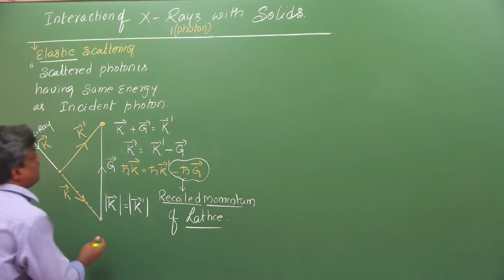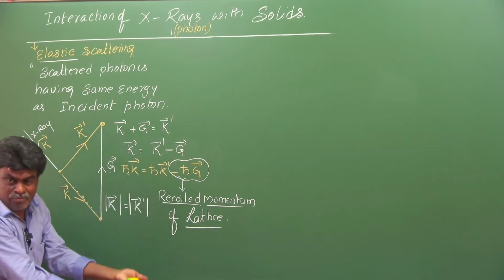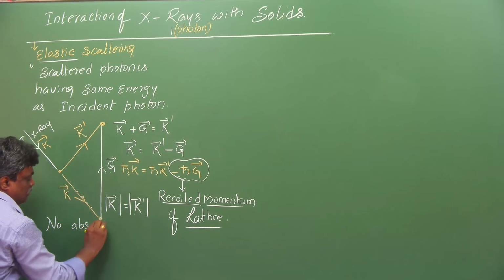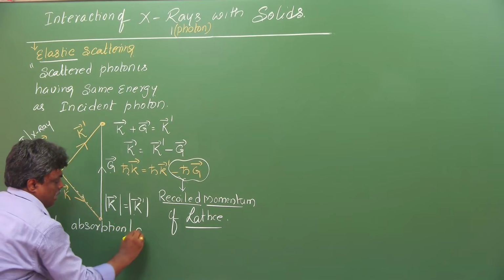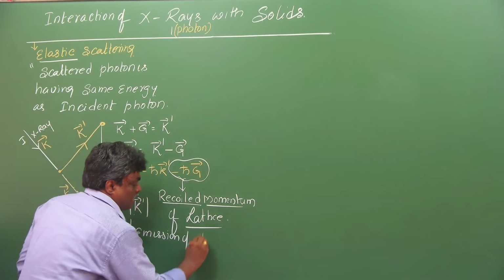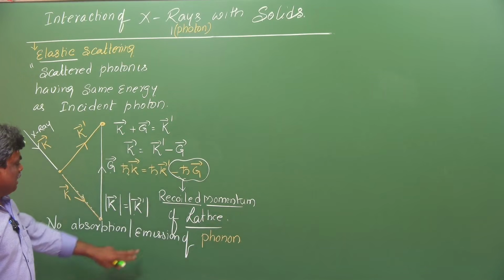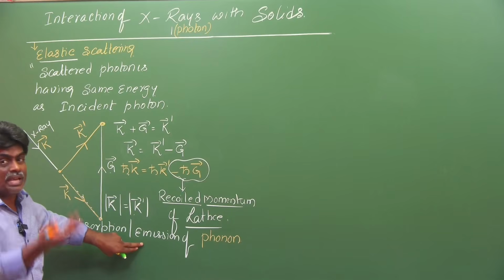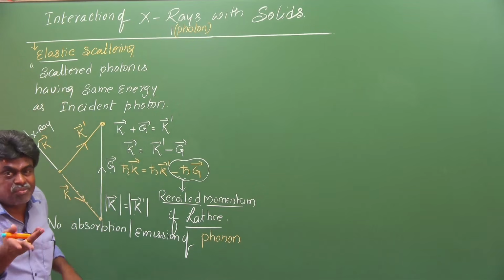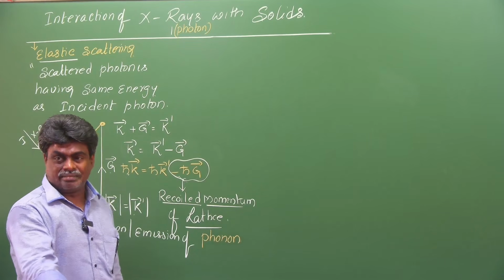So that's why here there is no absorption or emission of a phonon, lattice vibrations, phonon. Sir, how do you know, sir? If it is absorbing or if it is emitting, how will the energy of the scattered photon and incident photon be the same? Is it clear? That's good.